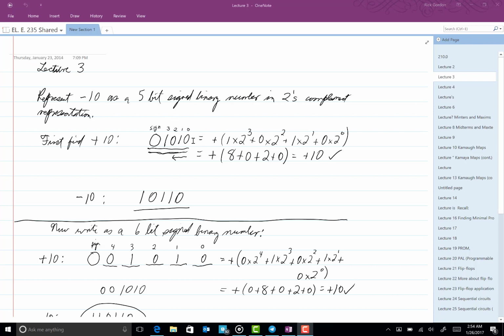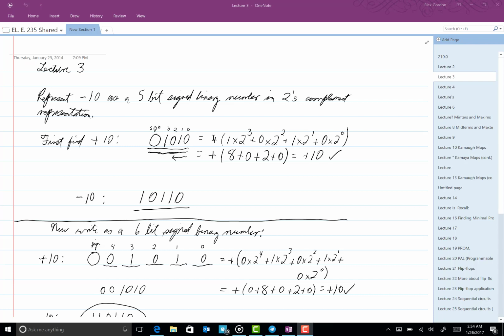And so our final answer for writing positive 10 as a 5-bit signed binary number is 0 1 0 1 0. And we can check that.